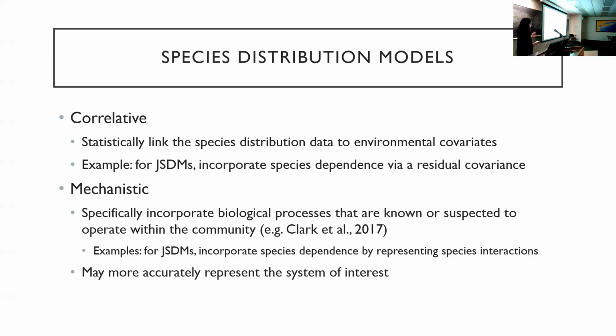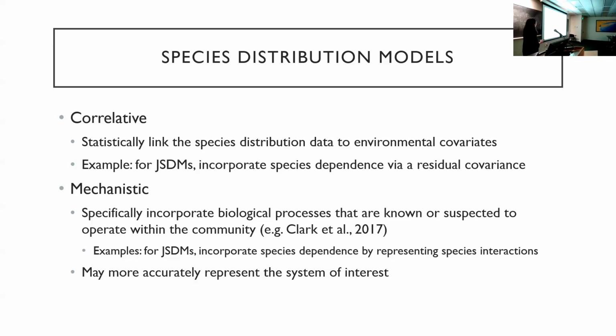From a statistical point of view, they're often correlative, in the sense that we place some statistical distribution on the data and relate it to environmental covariates. We say that there are perhaps some correlations between species in a community through residual covariance, but we don't necessarily have evidence of that in the data itself.